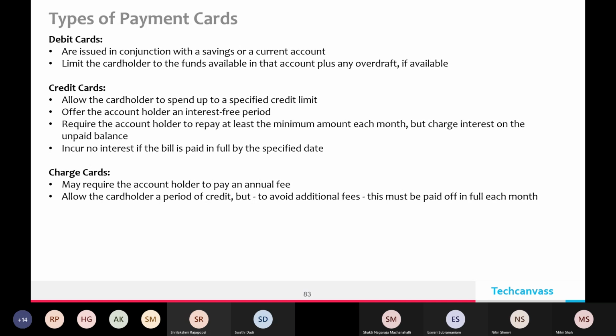These generally require the account holder to pay a certain annual fee, and also the period of credit is slightly higher as compared to normal debit or credit cards. And to avoid the additional fees, as usual, the customer has to pay back to the financial institution within the given time period.